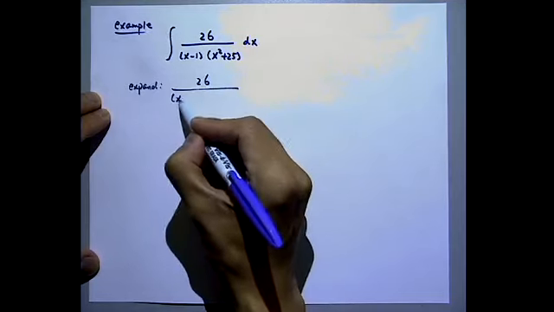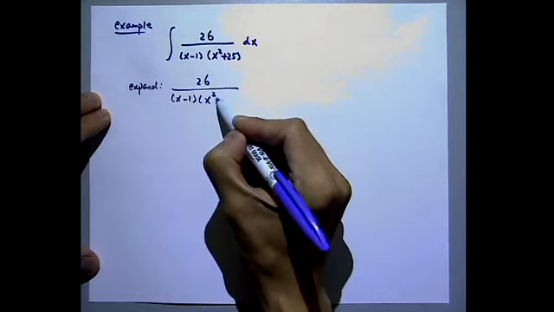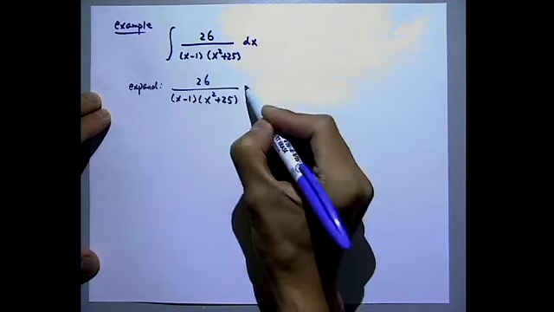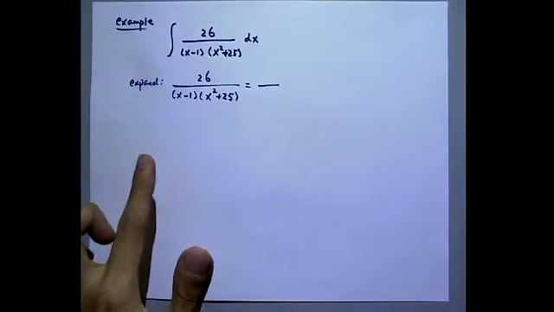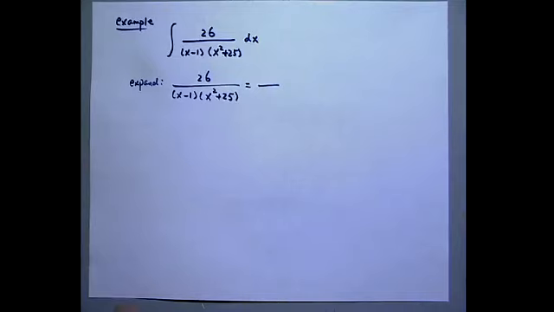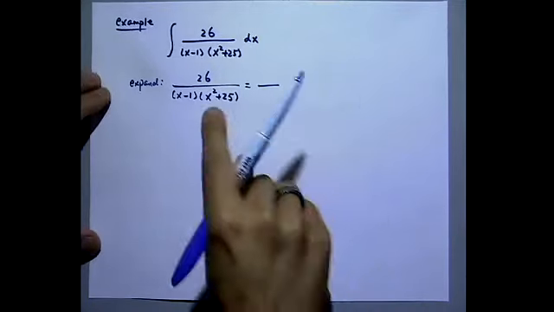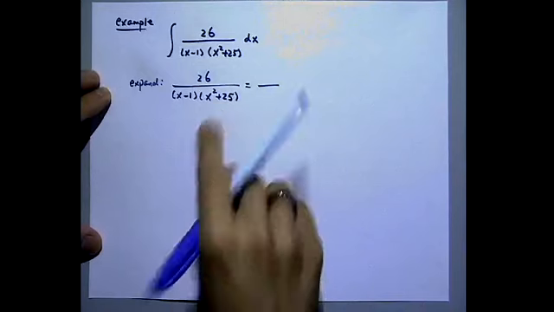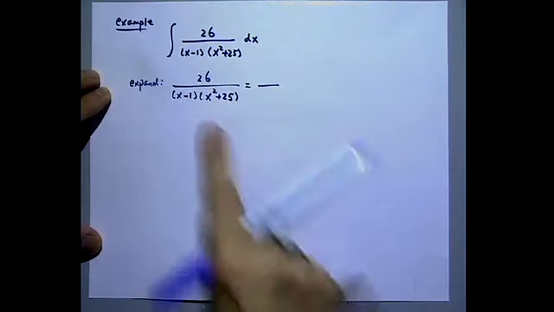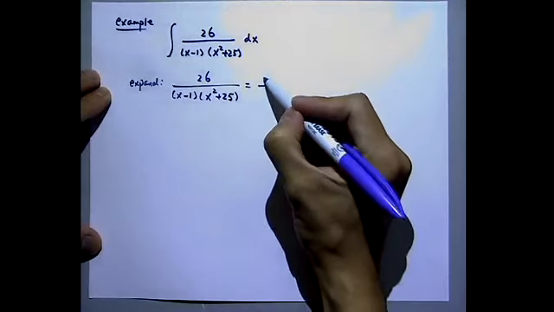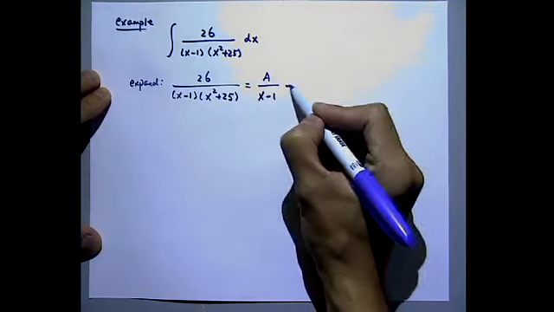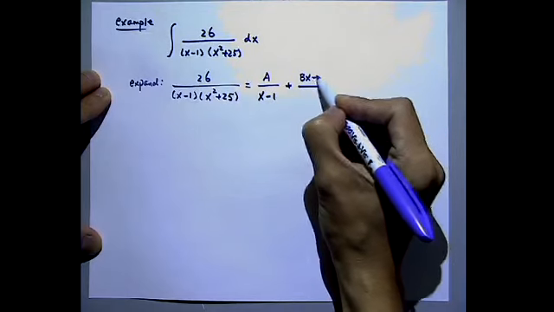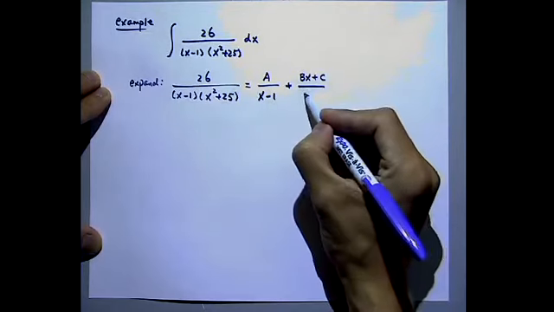Here's my original expression. And I see a distinct linear factor and one distinct irreducible quadratic. Irreducible means we cannot factor this anymore. We cannot factor a sum of squares. We can factor a difference of squares, but not a sum of squares. So first, the linear guy gives me A over x minus 1. And then the quadratic one here gives me Bx plus C over x squared plus 25.